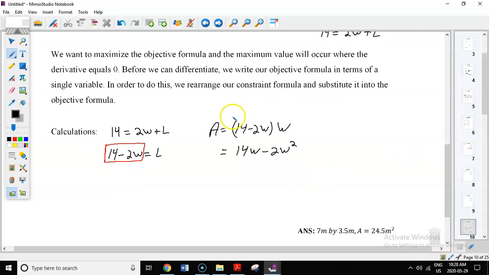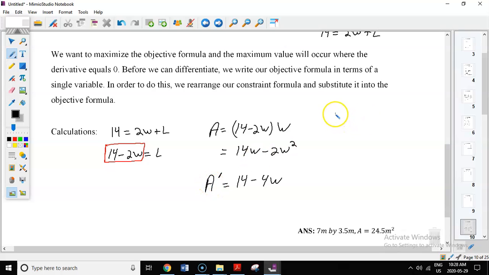So what we're doing now is we're taking the derivative of the area formula with respect to w. It doesn't really matter what the variable is as long as it's the same variable. So A prime, in this case, the derivative of area would be 14 minus 4w. And then the max and min occurs when the derivative is 0.